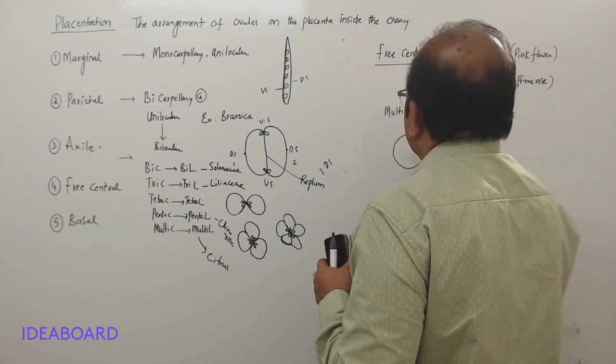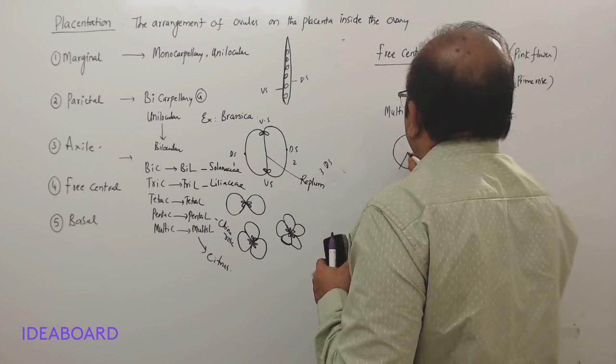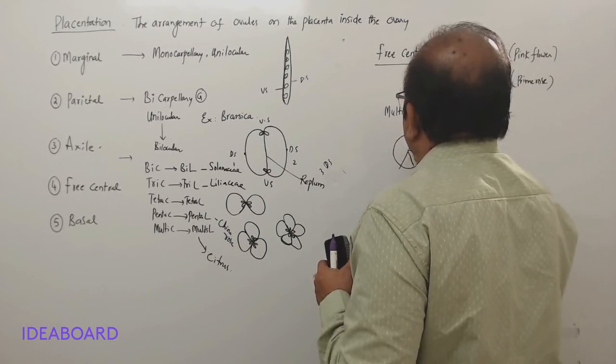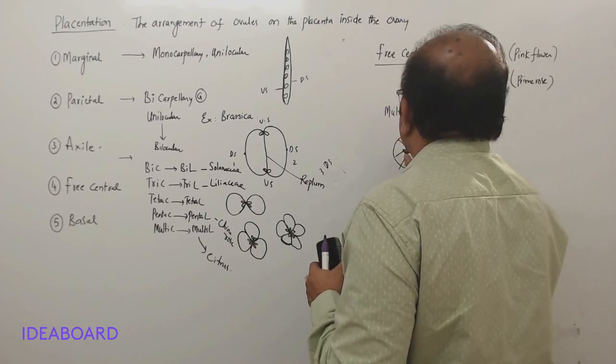So I am showing a diagrammatic representation of this. 1, 2, 3, 4, 5, 6. So multicarpellary.